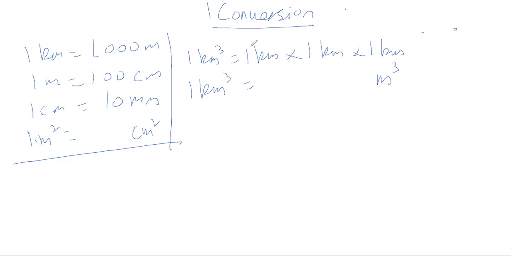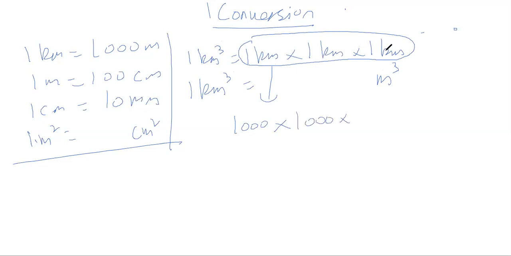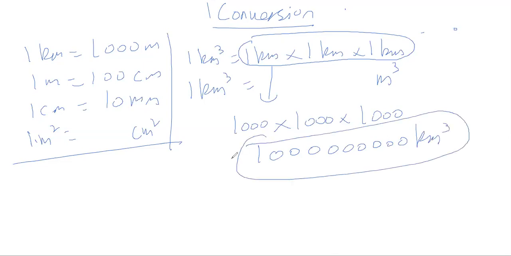So this 1 kilometer is equal to 1,000 meters, multiplied by 1,000 meters, multiplied by 1,000 meters. If you multiply, you see how many zeros are there? 9 zeros: 3, 3, 3. So 1 followed by 9 zeros meter cube. Is it clear now, Sumail?